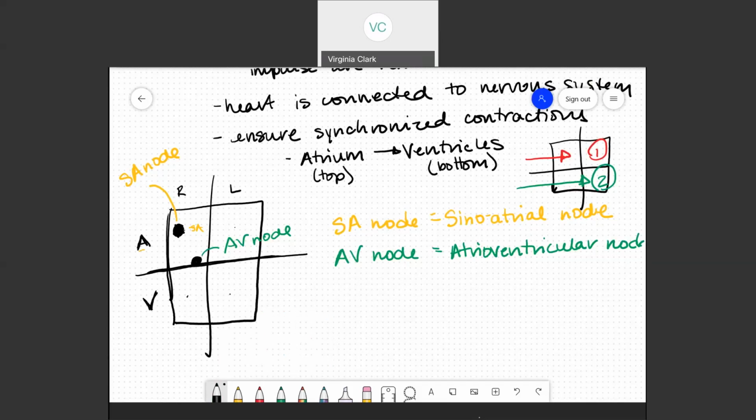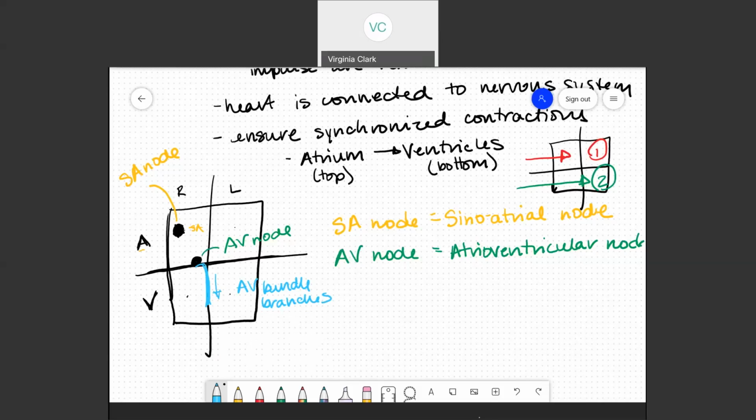Next, you're going to have your AV bundles. These are going to travel down right this way, and these are going to be your AV bundle branches.